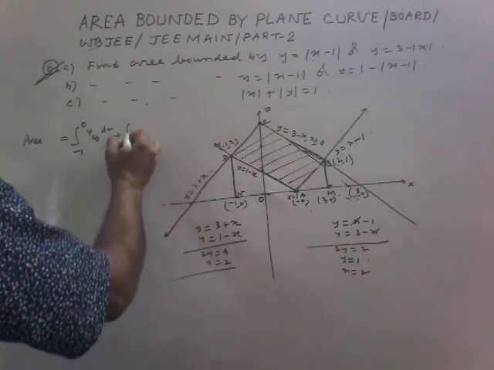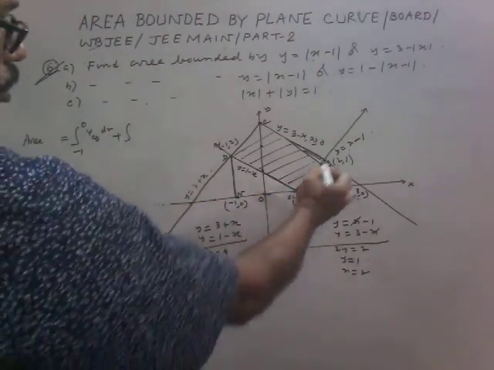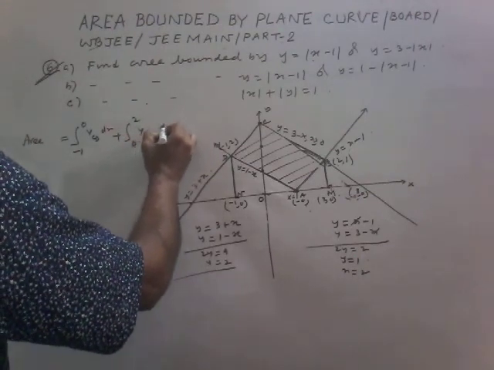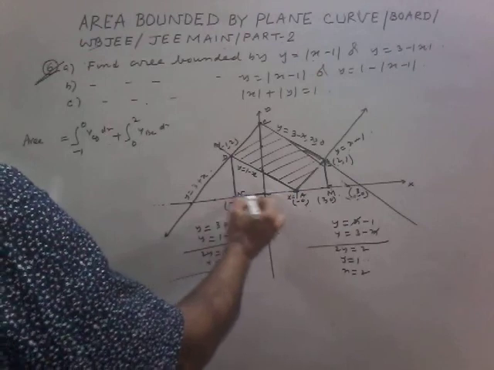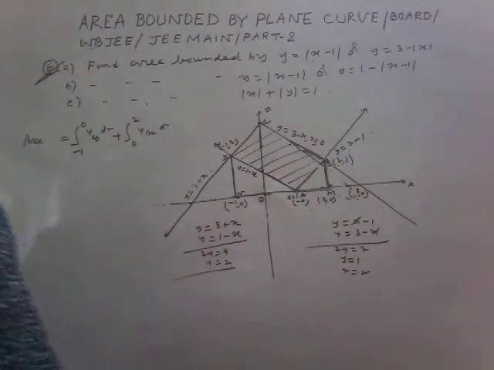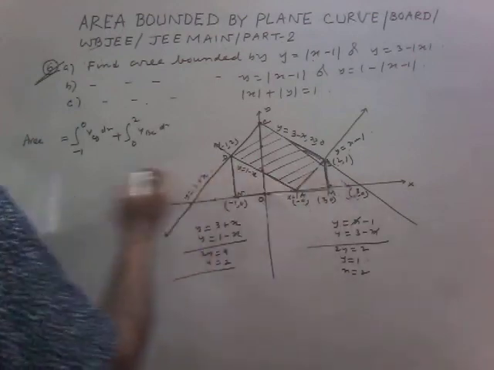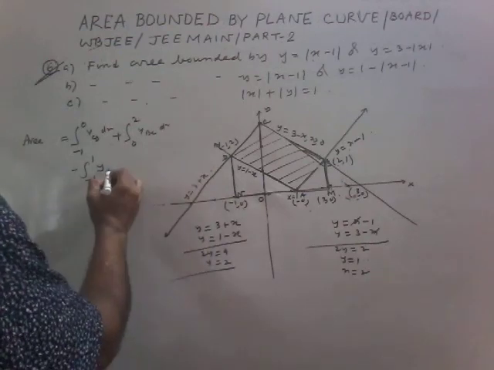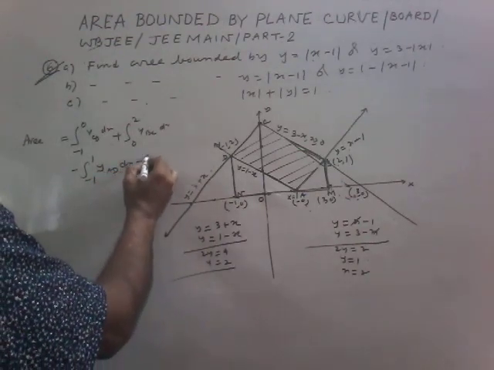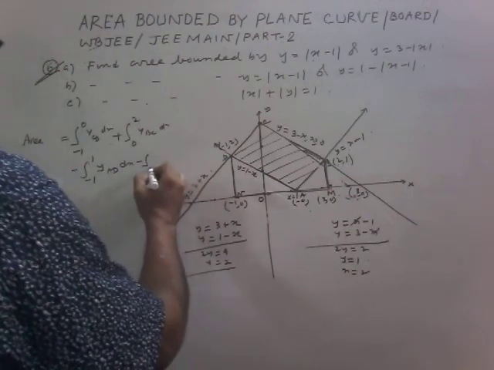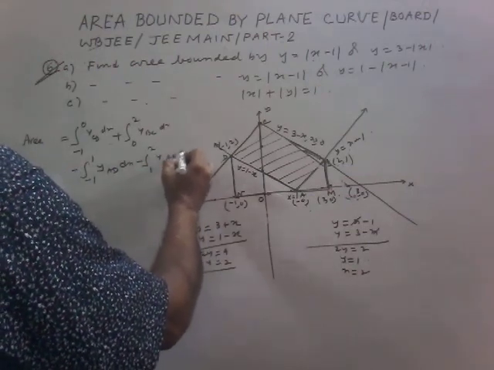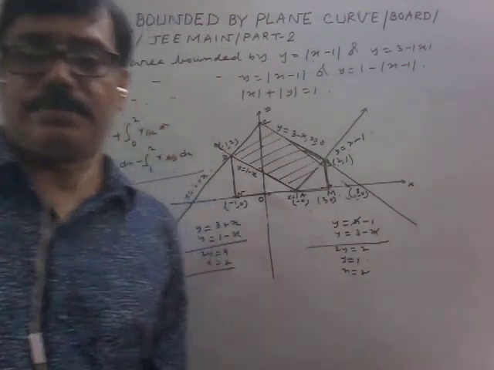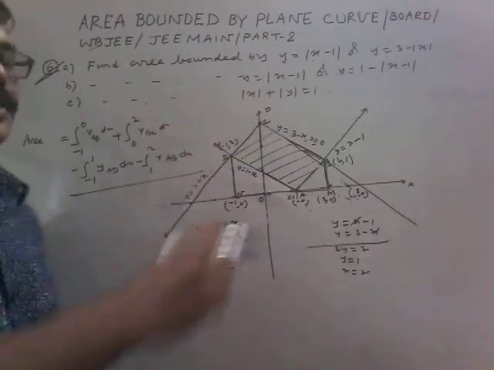Then from 0 to 2, y BC dx. So we are getting this part plus this part. Now you have to subtract this triangle and this triangle. So minus 1 to 2, y AD dx, minus 1 to 2, y AB dx. So simplify and you get the area. So you complete it.